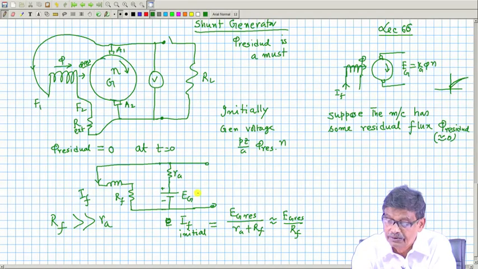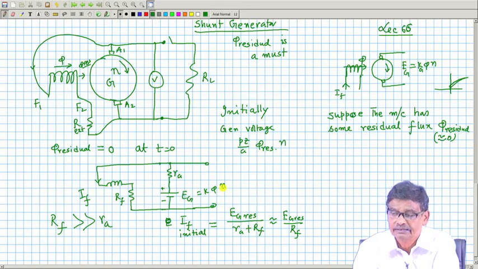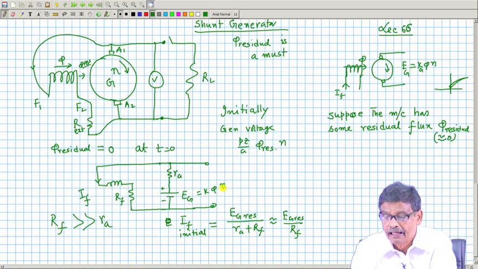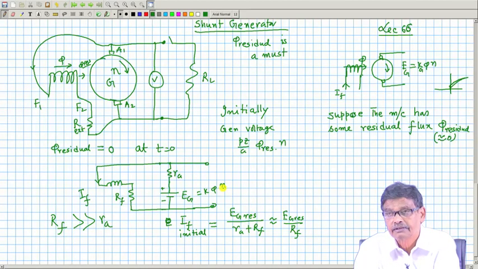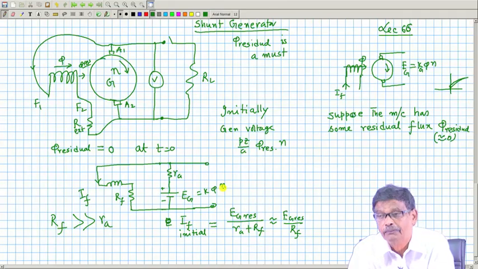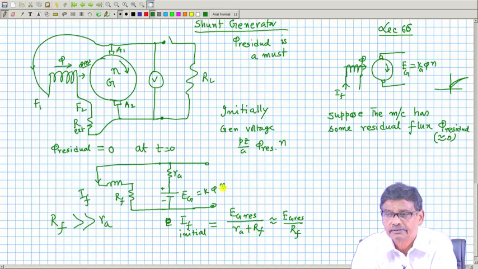Eg is equal to k phi n, and phi has now become more, and if phi has become more, this If will further increase, and if this If further increases, phi will become even more, and this voltage will further rise.